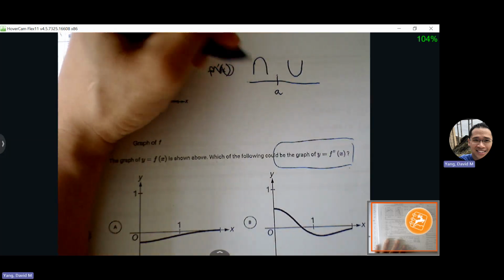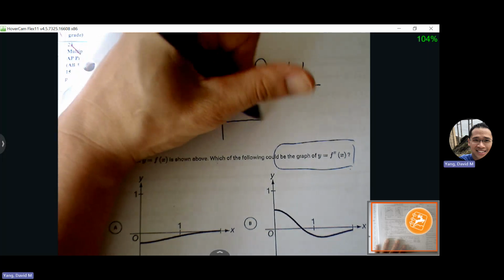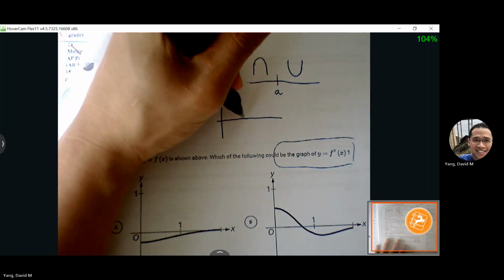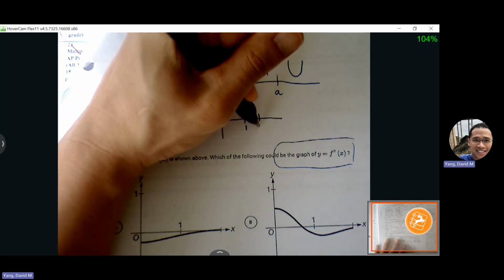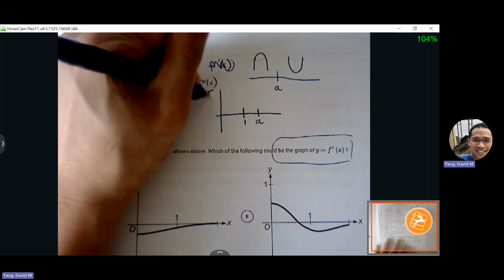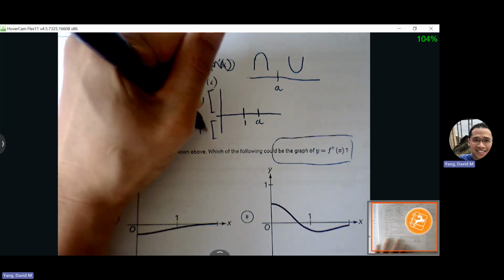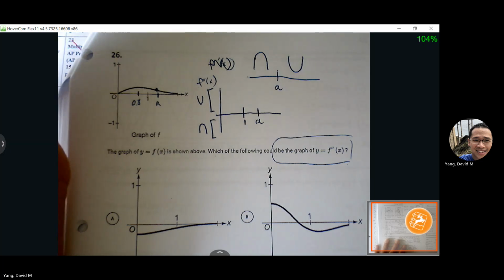So here's my second derivative sign line and my second derivative graph. I know that to the right of 1 is going to be where my point of inflection is. Above means concave up, below means concave down. So I want my graph to do something like this.